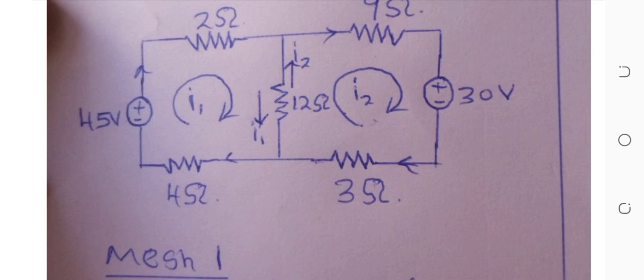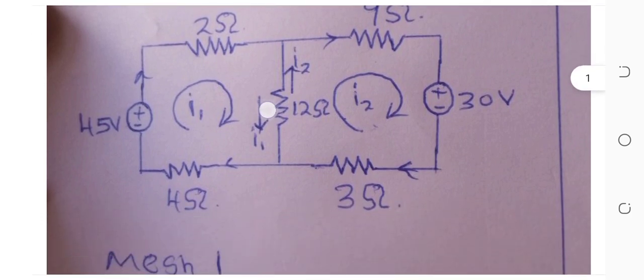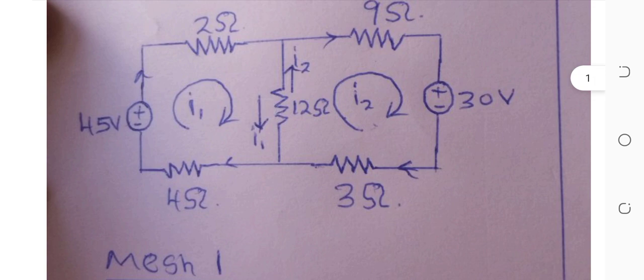2I1, then plus 12 I1 because of this current going down here, as you can see. Then we have this one over here, which is moving upward through the 12 ohm resistor. So it is minus 12 I2 because it's going the other direction. This one is coming down, this one going upwards.